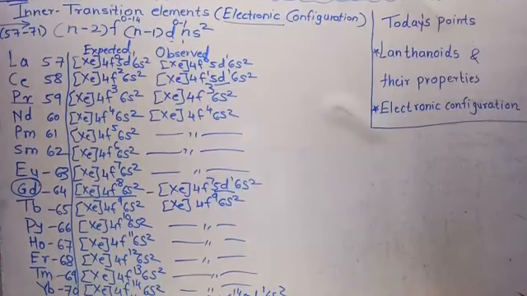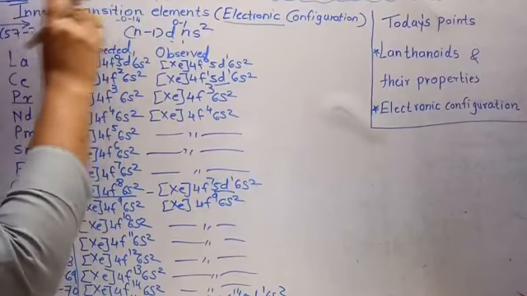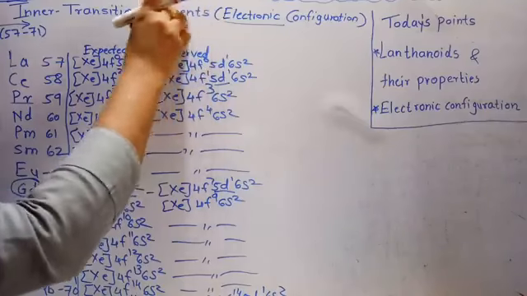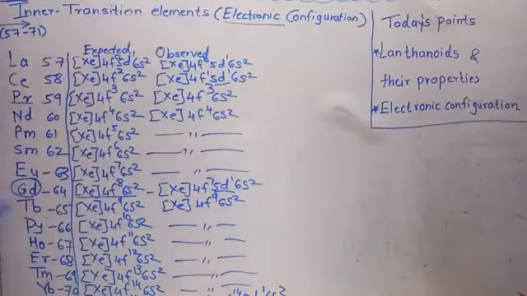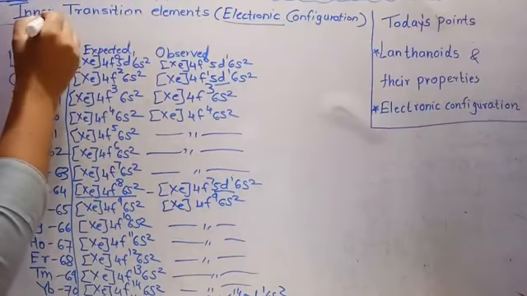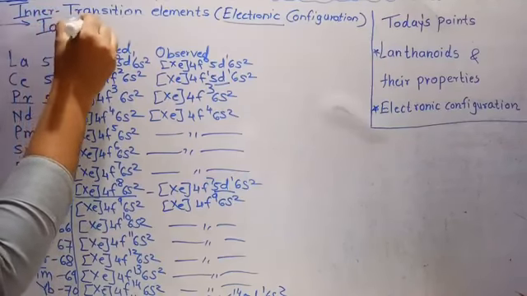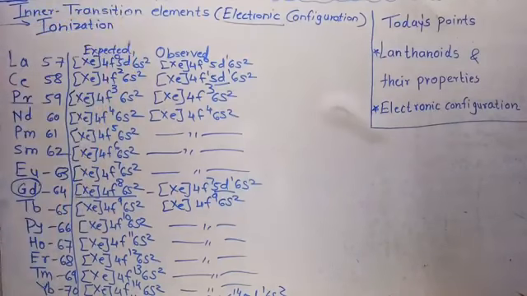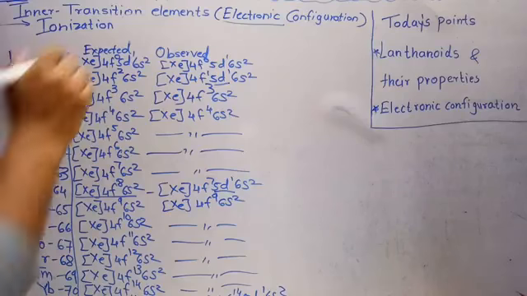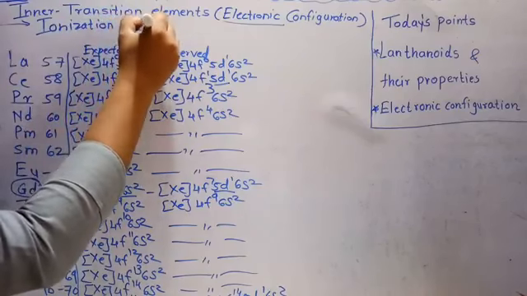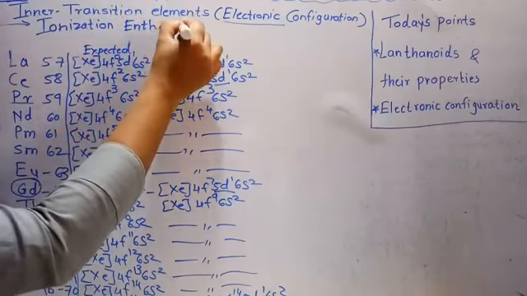Then the next topic from the chapter is ionization enthalpy. Generally, these lanthanoids are placed in the same period, period number 6, and according to the periodic trend, ionization enthalpy goes on increasing from left to right.